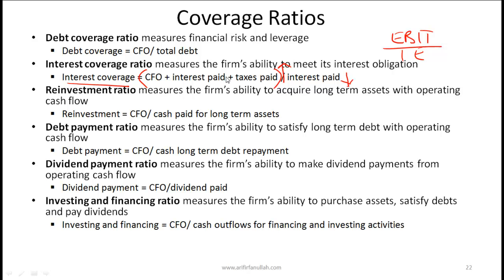If this interest coverage ratio is high through a high numerator and a low denominator, that is a good sign. That means we have a lot of coverage, and as a bank, if you are lending money to a company, this is a ratio that you would pay a lot of attention to. You would be happy lending money to a firm where a lot of cash flow is generated and where the interest that the company is currently paying is low. So I would emphasize this ratio.